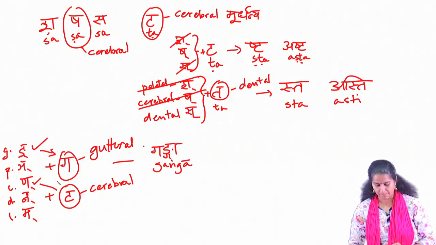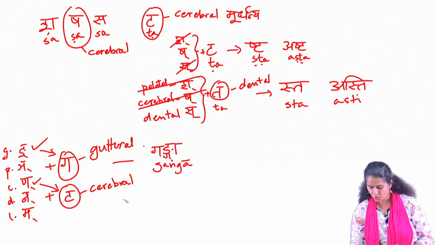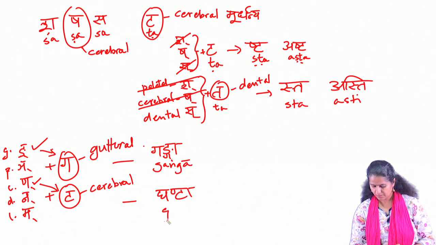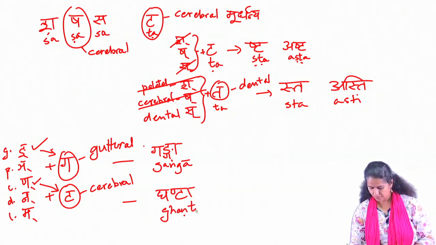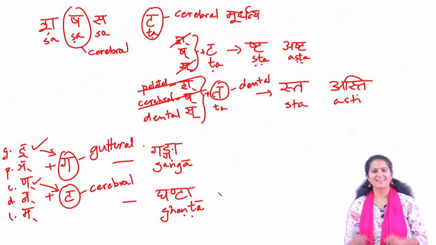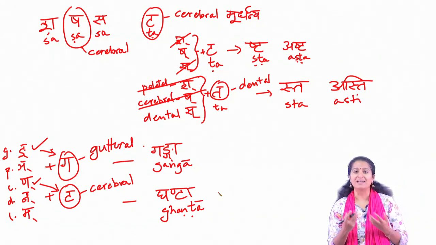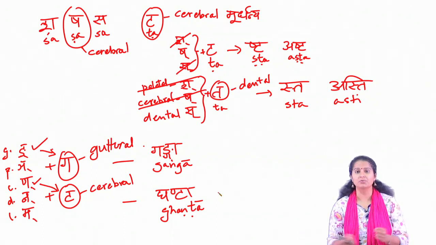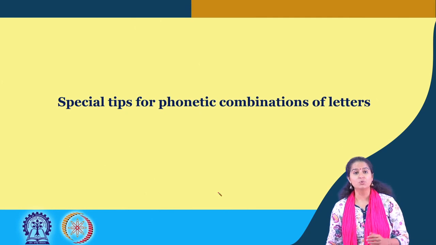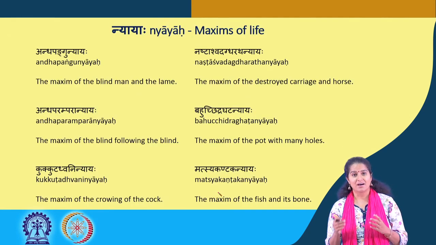So, these two will combine together, and then you have Ghanta. Is that clear now? So, this is a very important understanding, especially when you are trying to write out the language. Astu.